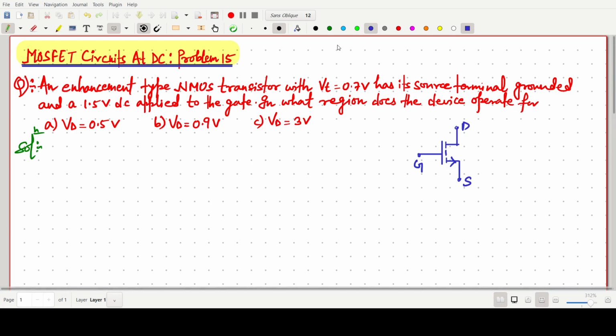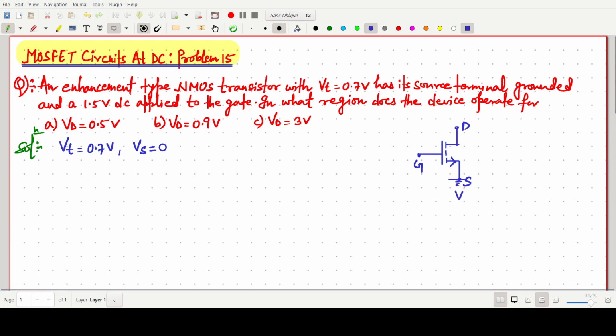So in the question it is given the VT value is 0.7 volt and the source terminal is grounded, that is our Vs is grounded, so we can make it ground, that is our Vs is 0, and Vg is 1.5 volt.